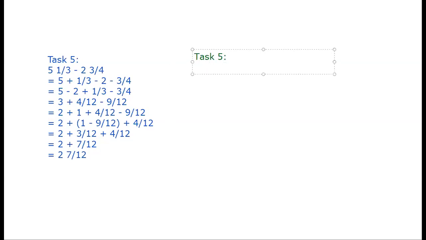If you have a good sense of fractions, then you might realize that, I'm skipping some steps here, that 1/3 is smaller than 3/4.